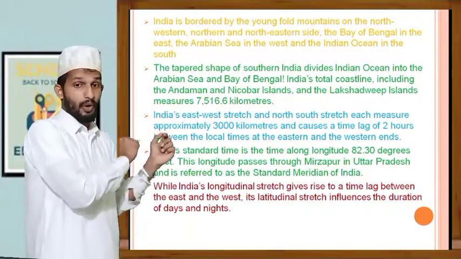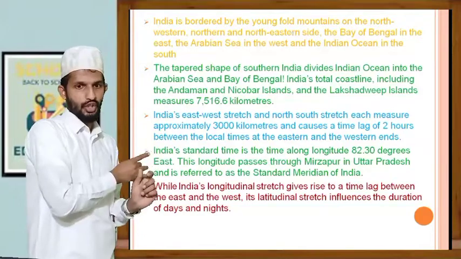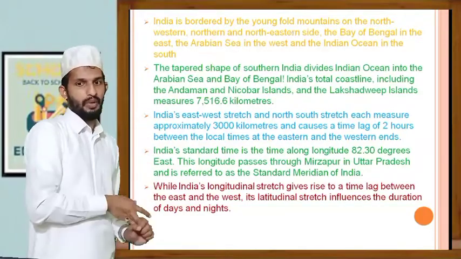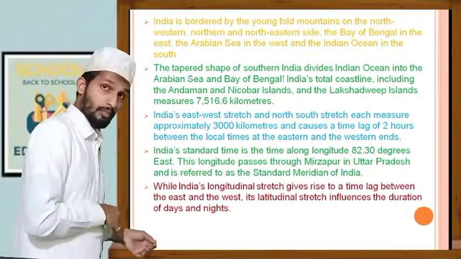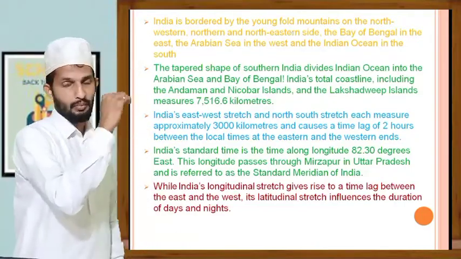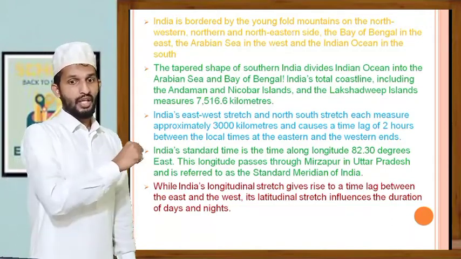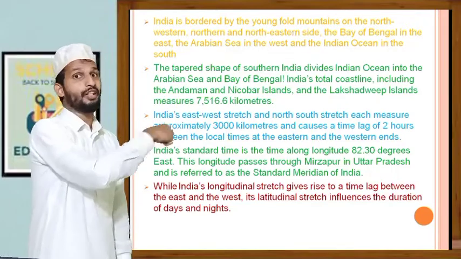The triangular shape of southern India divides the Indian Ocean into the Arabian Sea and the Bay of Bengal. India's total coastline, including the Andaman Nicobar Islands and Lakshadweep Islands, is 7,516.6 kilometers. India's east-west stretch and north-south stretch measure approximately 3,000 kilometers.